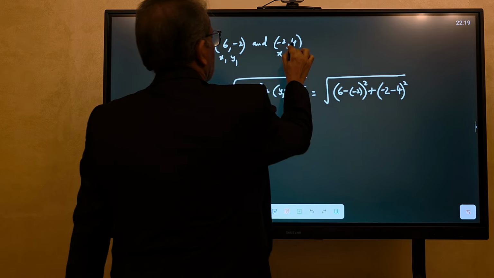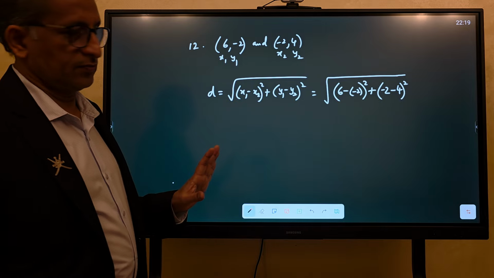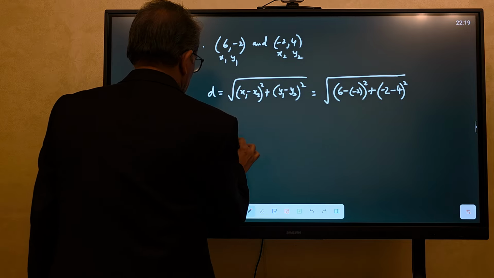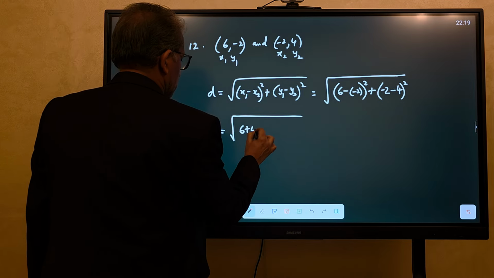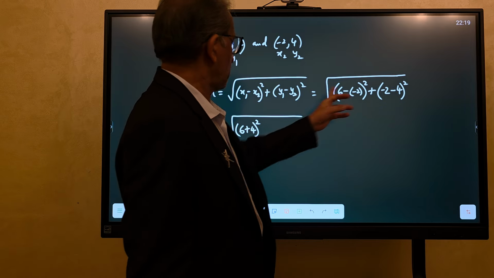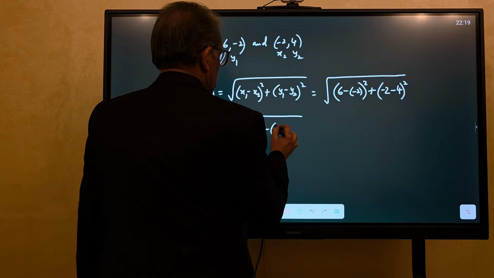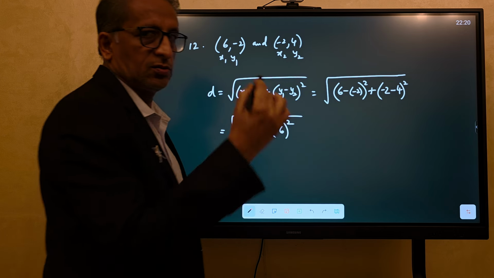You see, y2 is 4. Properly substitute first. Then open the brackets inside. What happens here? 6 plus 4, square, because minus into minus is plus. Plus here, minus 6 square, that is minus 2 minus 4.